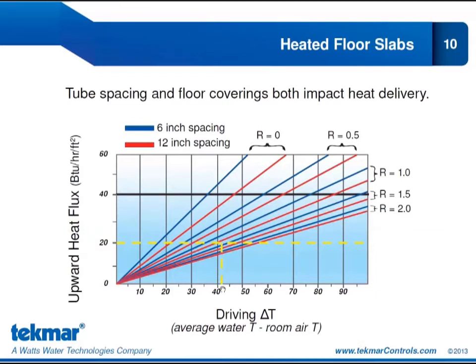That corresponds to a driving delta T of 42.5. So to maintain that same room at 70 degrees, we need an average water temp of 112.5, which means a supply temperature of 120 to 125. So we're still within an acceptable range for a design temperature for a geothermal radiant installation.